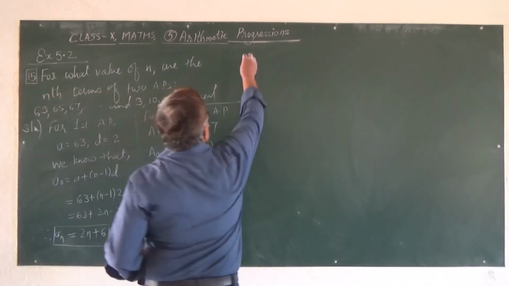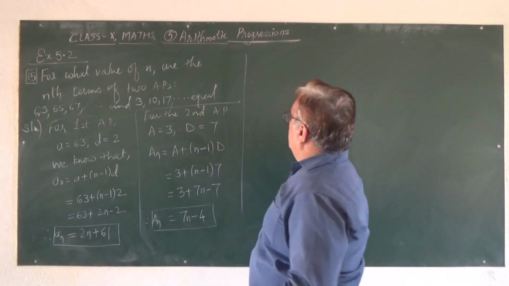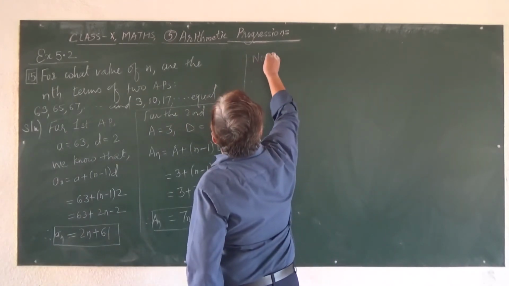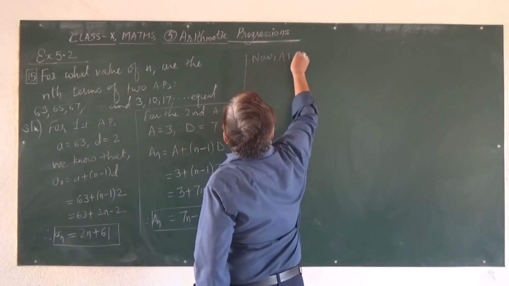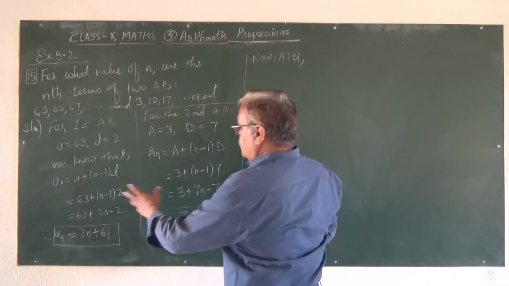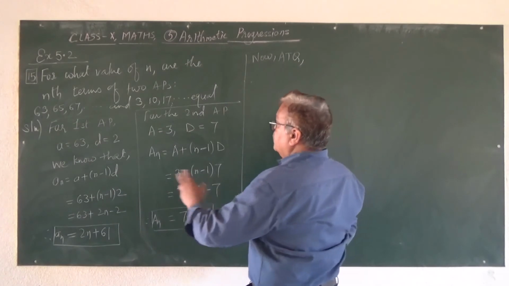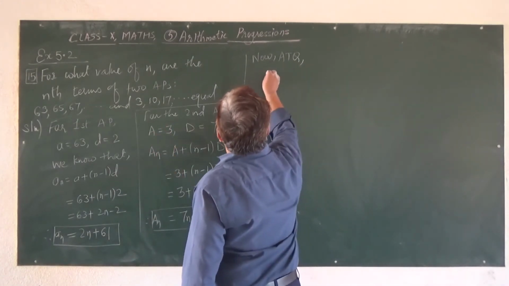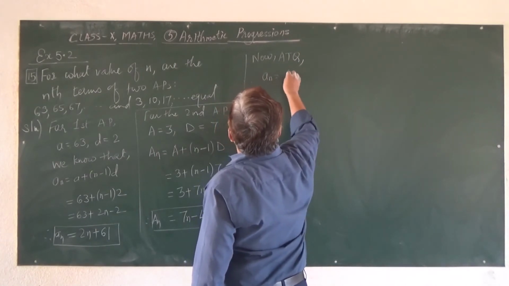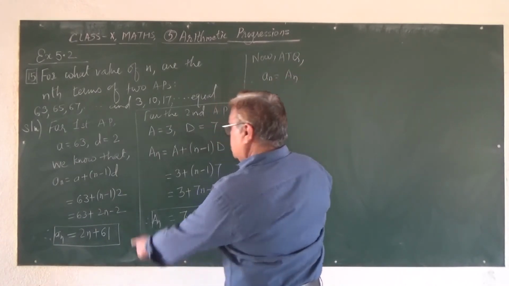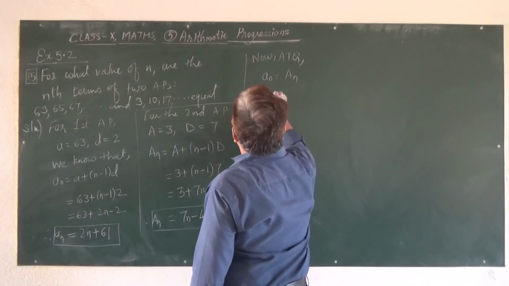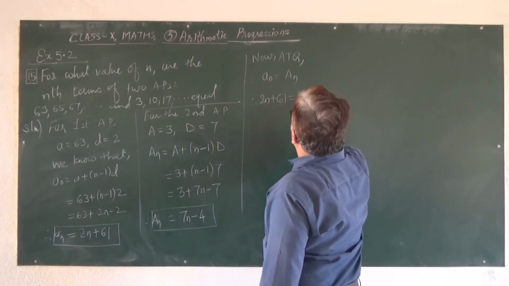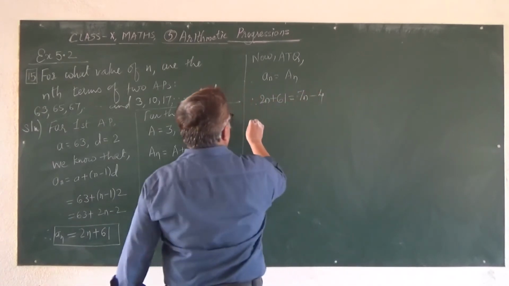Now for what value of n will the terms be equal? According to the question, we have to equate them. So an is equal to capital An: 2n plus 61 is equal to 7n minus 4.